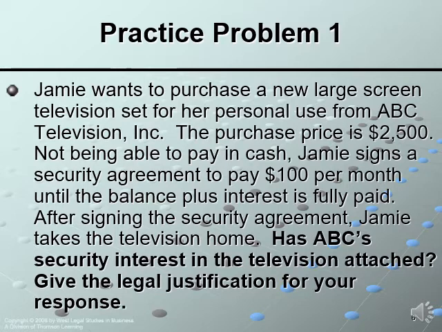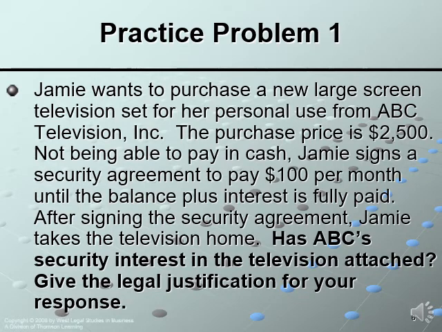Not being able to pay in cash, Jamie signs a security agreement to pay $100 per month until the balance plus interest is paid. After signing the security agreement, Jamie takes the television home. Has ABC's security interest in the television attached? Give the legal justification for your response.